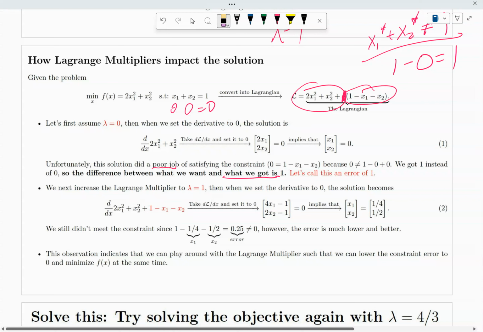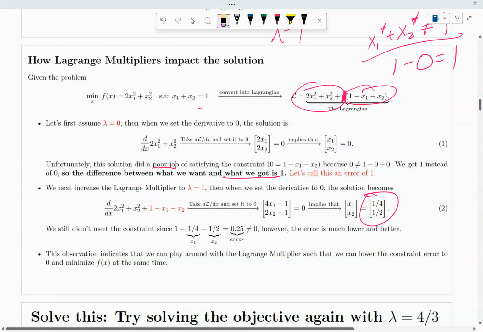Okay, so we pick 1. What happens now? Well, if we take the derivative again, this would be 4x1 minus 1, 2x2 minus 1, right? Now we take the derivative, set it to 0. If we set it to 0, then x1, x2 is equal to 1/4 and 1/2. Okay, so this also minimizes this objective.